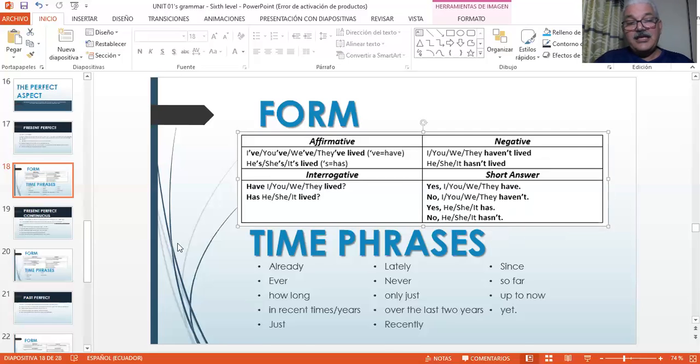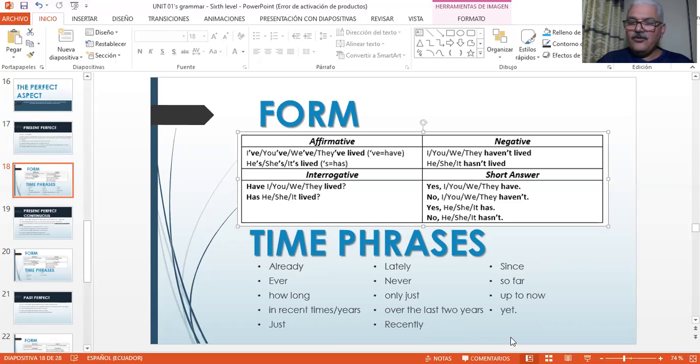And for this, let's say, perfective aspect, we are going to use these time phrases: already, ever, how long, in recent times, just, lately, never, only just, over the last 2 years, recently, since, so far, up to now, yet.